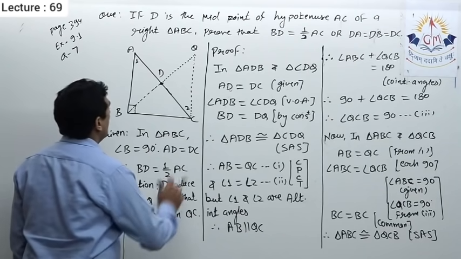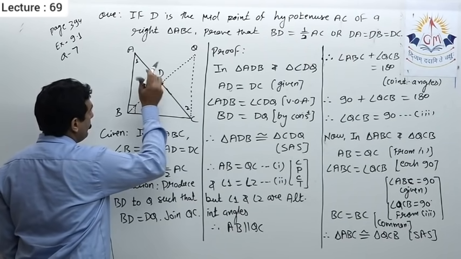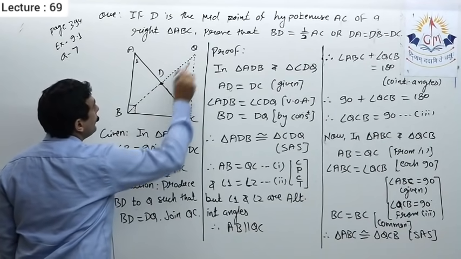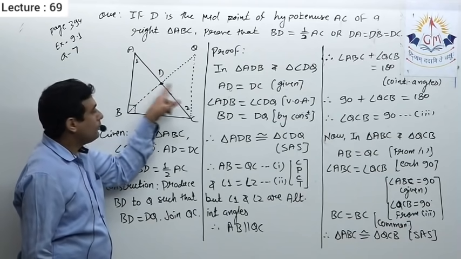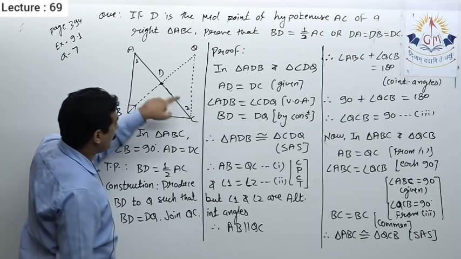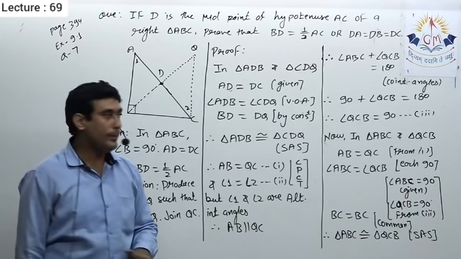We took these two triangles and proved them congruent because AD equals DC, given, BD equals DQ by construction, and these two angles were vertically opposite. That gave me AB equal to QC as well as angle 1 equal to angle 2 by CPCT.